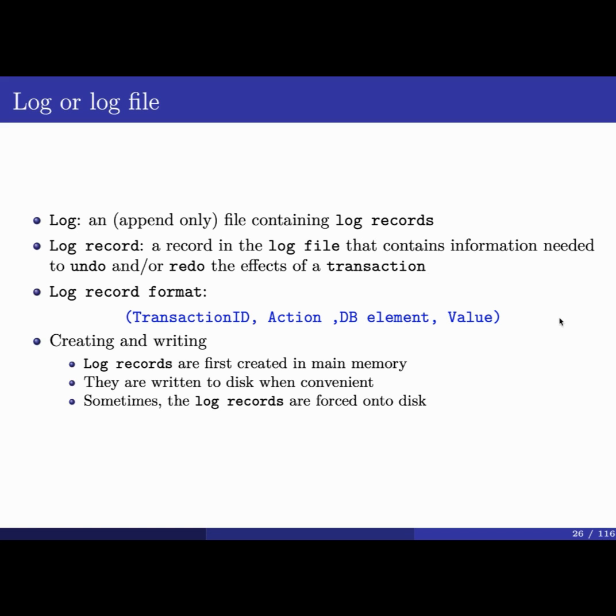Then you have to store it or reflect the change on the disk. This information must be stored on the disk, so in any emergency situation, for example a system crash, the first thing the database system does is go back to the disk, retrieve the log record, and then try to recover from the errors.